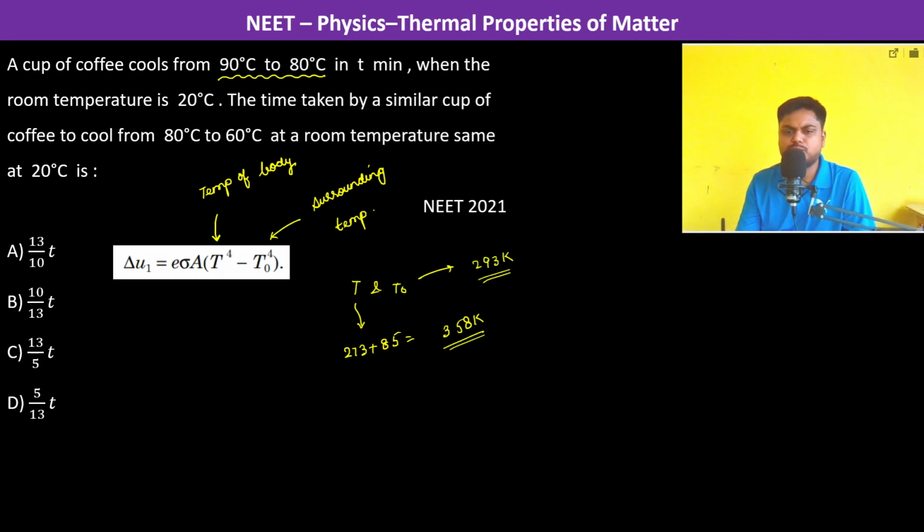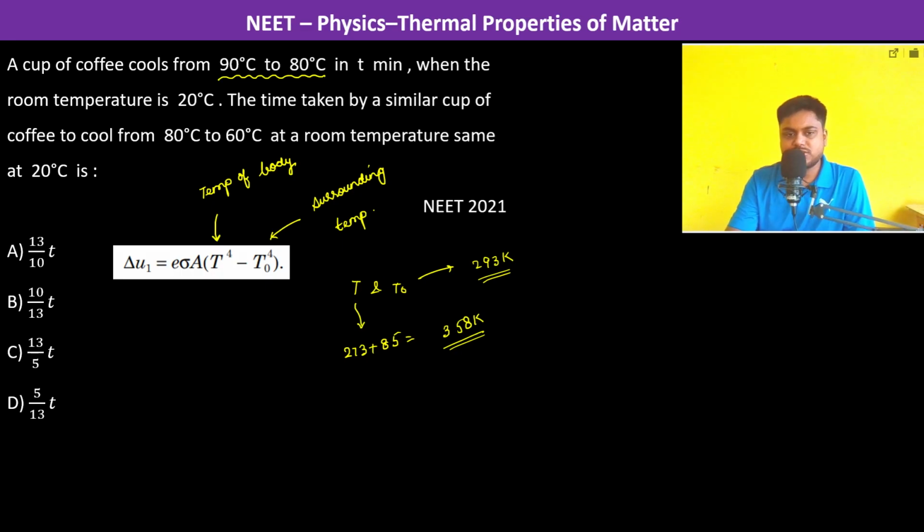So almost 1/6 is the change. So we can approximate it to be almost the same, and also the delta T, the temperature change, is just 10 degrees centigrade, which is also less.